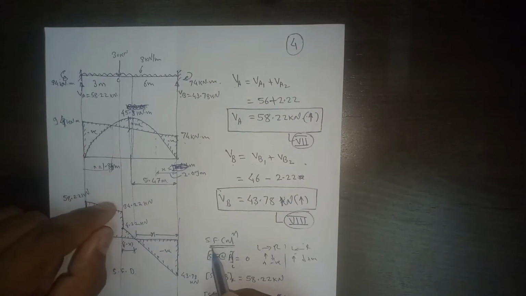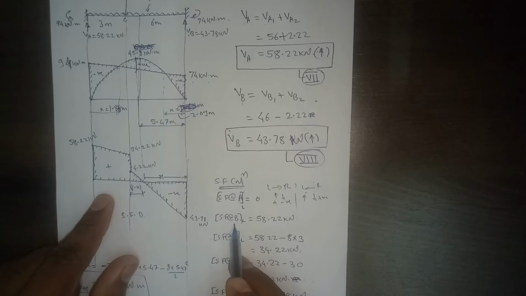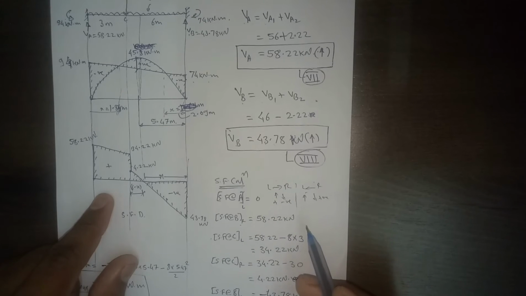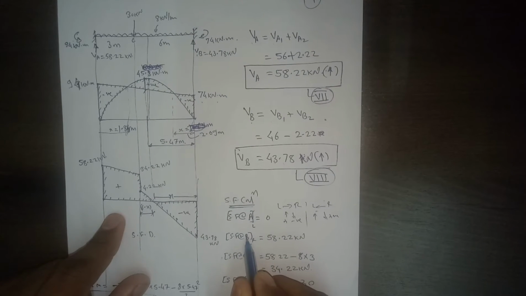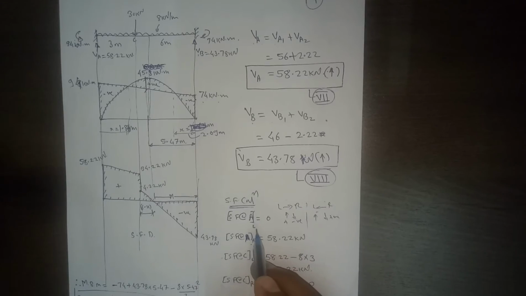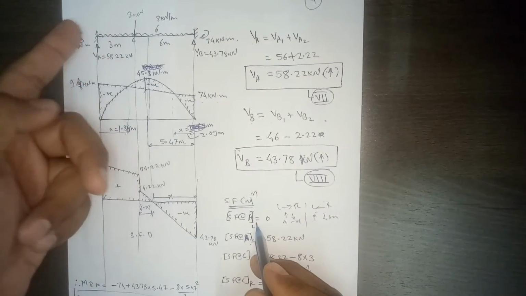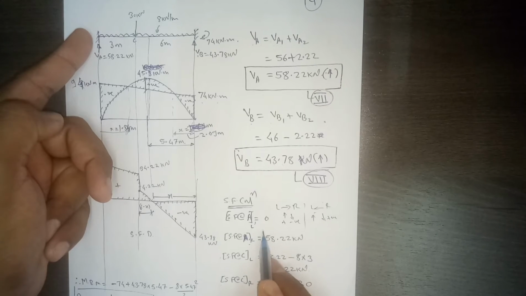So if you do that, then shear force at A point. On the left hand side of this A point there won't be a force, so it will be 0.